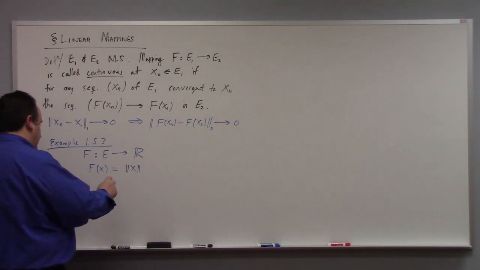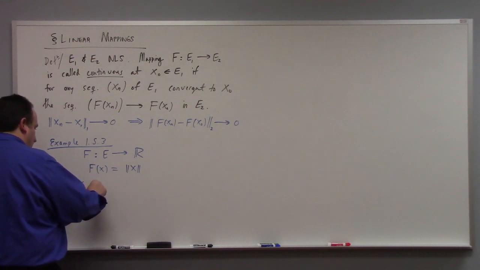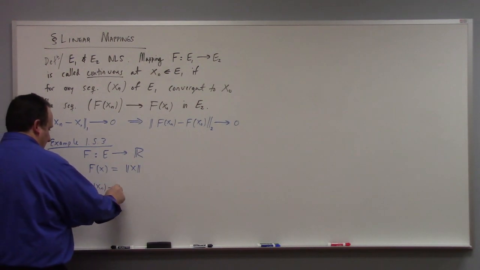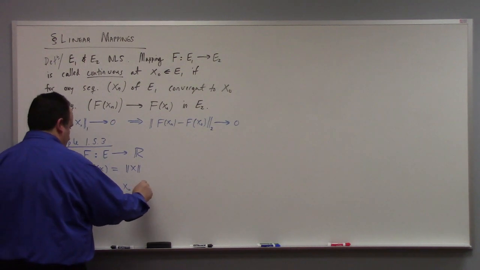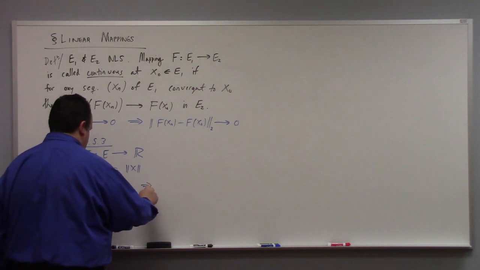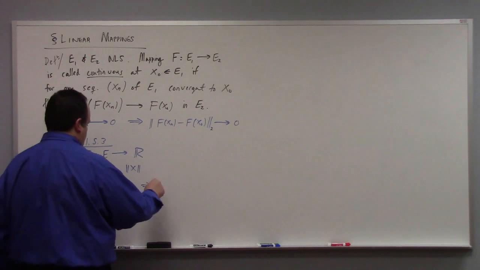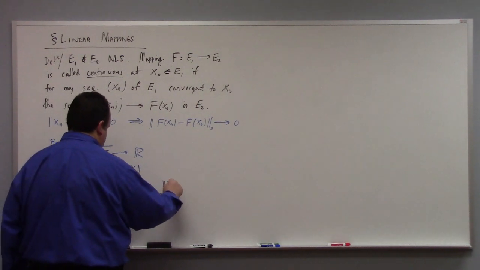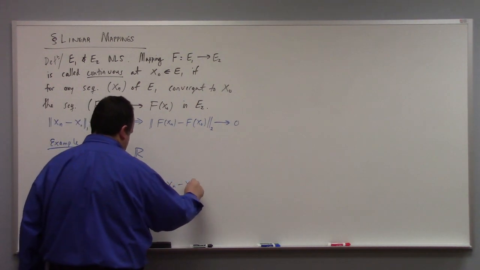So if you have xn going to x naught, then that implies that the norm of xn minus x naught is going to 0.